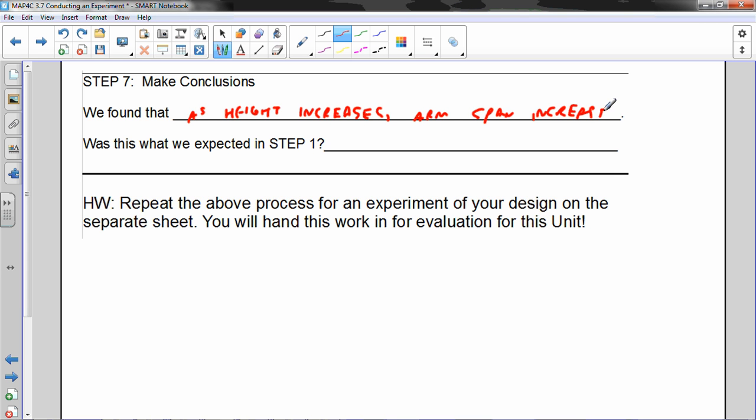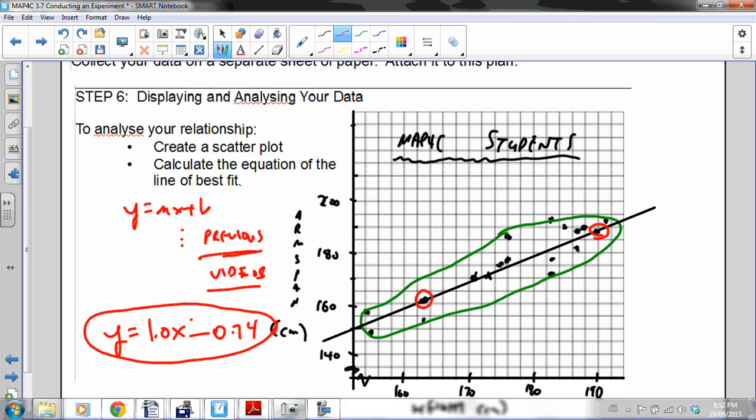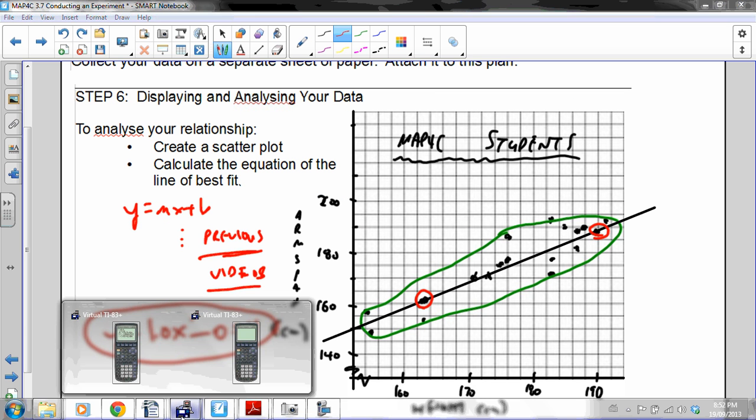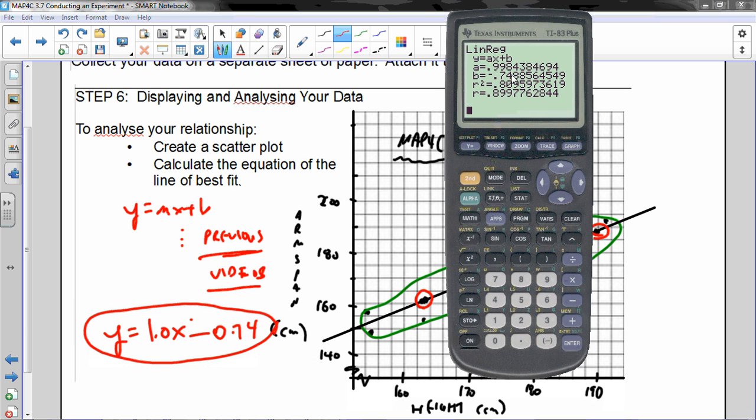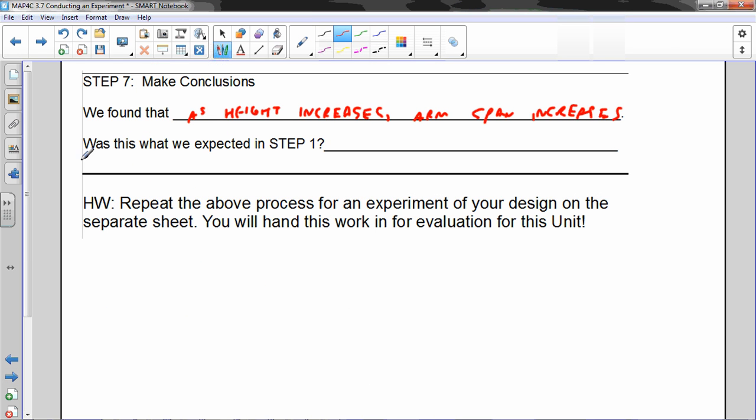And we saw that from the line of best fit, which had a positive slope. When I looked at the correlation coefficient, the correlation coefficient was very high, 0.9, a very strong relationship, even though some people's data was spread out. It's pretty high correlation. And then, was this what we expected in step 1?